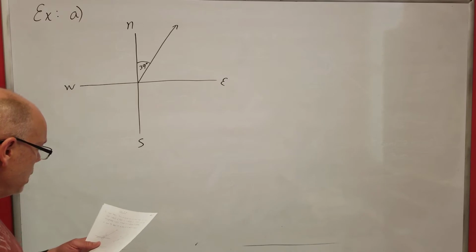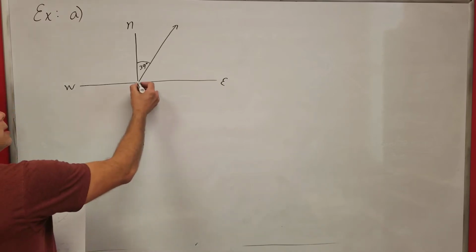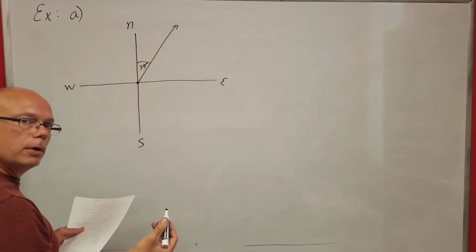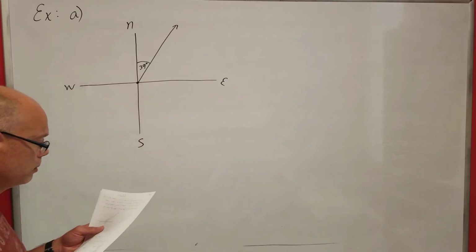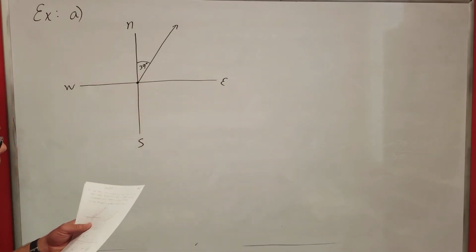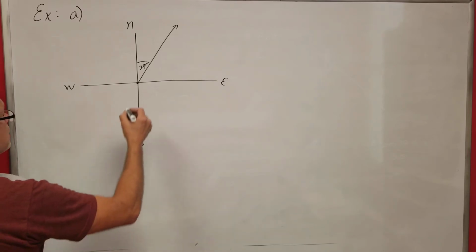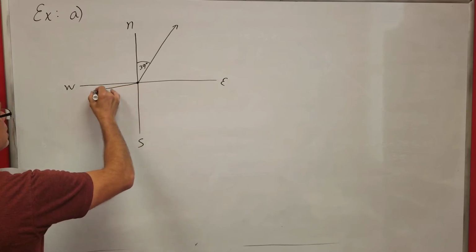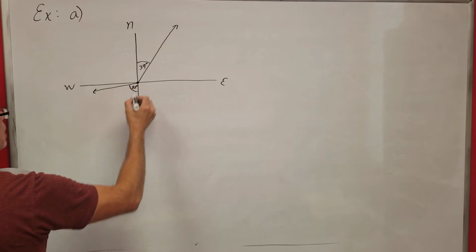And then it talks about the second boat that leaves the marina. Let's assume this is the marina right here, so that boat goes that way. Then we have a second boat that's going to leave this marina, go like that, or whatever, okay? But it says the second boat travels at 4 knots at a bearing of south 87 degrees west. So that's southwest, like this, and this is 87 degrees right here.